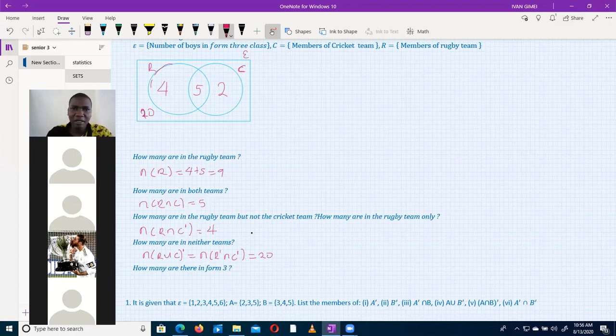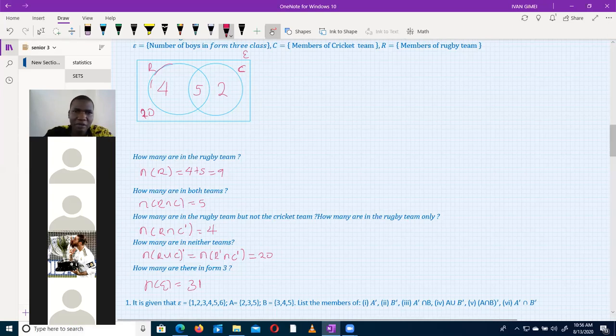So how many students are in Form 3? 31. You look at your universal set, we have 31 members. So that's how we answer that number 2.